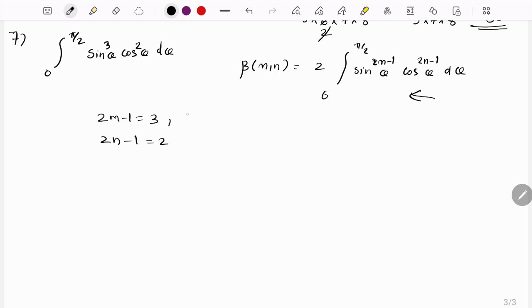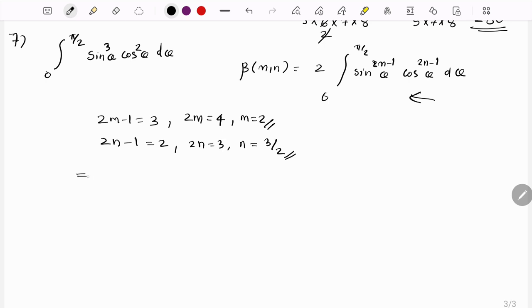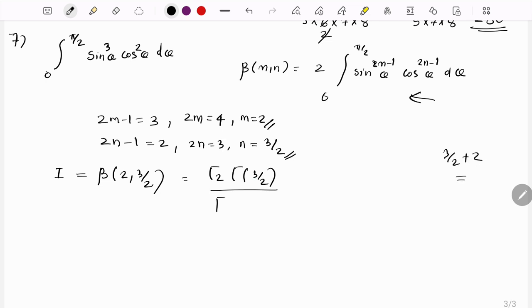From this, m equal to 2 and n equal to 3 by 2. So this integral I is equal to beta of 2 comma 3 by 2, that is gamma of 2 into gamma of 3 by 2 divided by gamma of m plus n, that is 3 by 2 plus 2, that is 7 by 2.